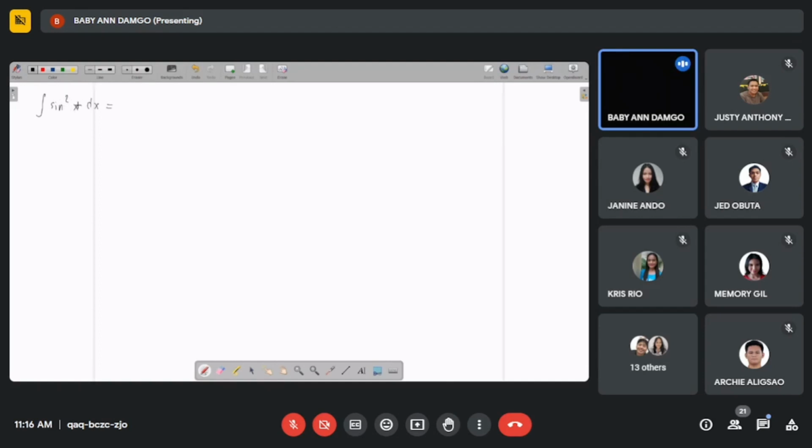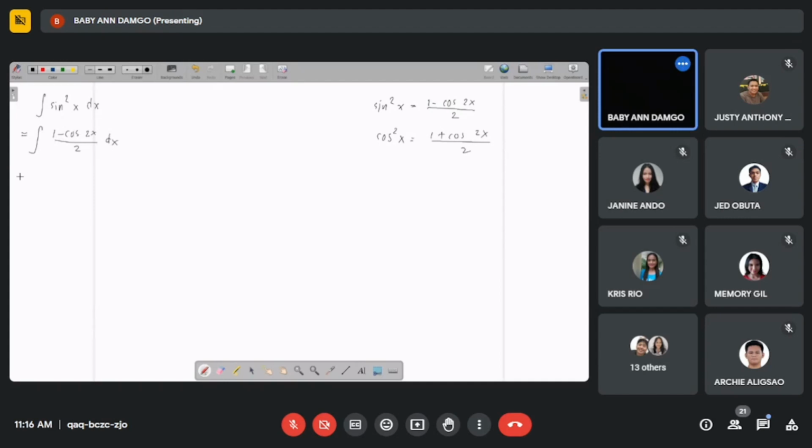So sa ganito yung property, class, we have sine squared x is equal to 1 minus cosine 2x over 2, and then cosine squared x is 1 plus cosine 2x over 2. So ang gamiton ani class kay i-apply ra ni nga identity. Okay, so we have here the integration of 1 minus cosine 2x over 2 dx.